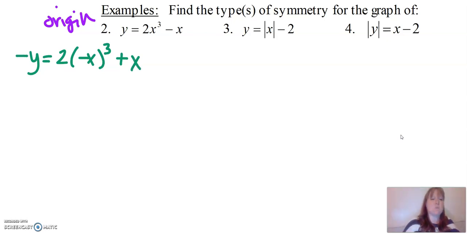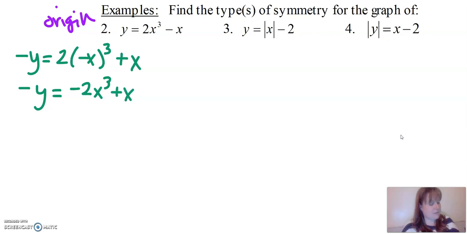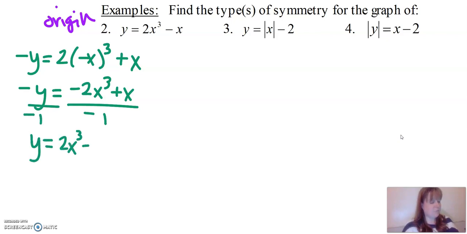Because I believe it has origin symmetry, let's just check to see if this comes out every single time. This means for any x, this would work, right? So I get -y equals -2x cubed plus x. And then I need to divide both sides by -1, and I get y equals 2x cubed minus x.